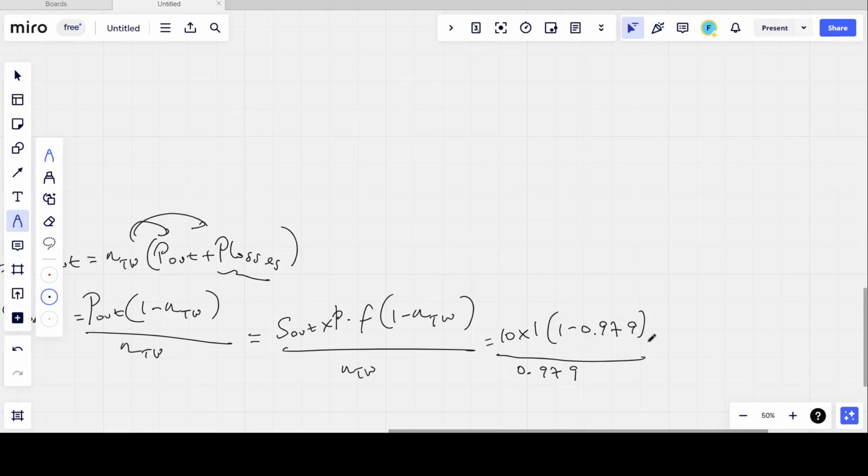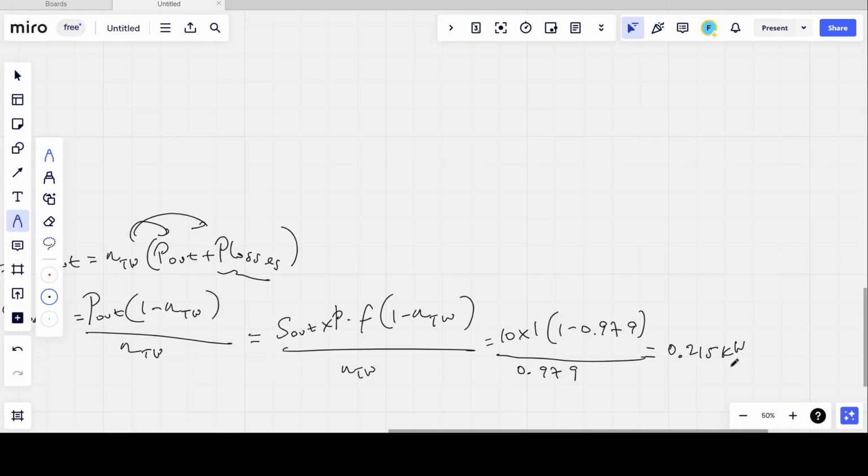So let me just take my calculator quickly. That is 10 times 1 minus 0.979, divided by 0.979, and I'm getting 0.215 kilowatts.